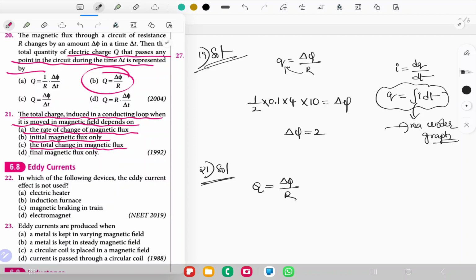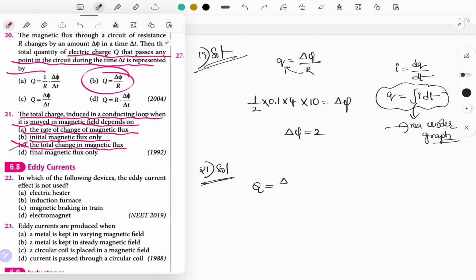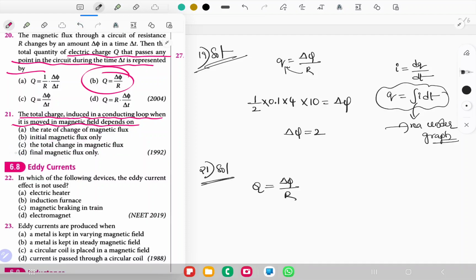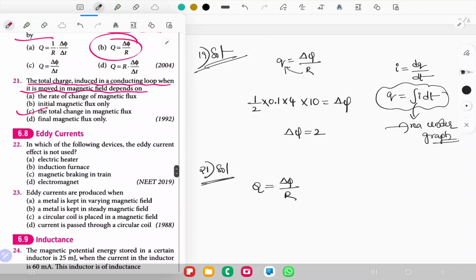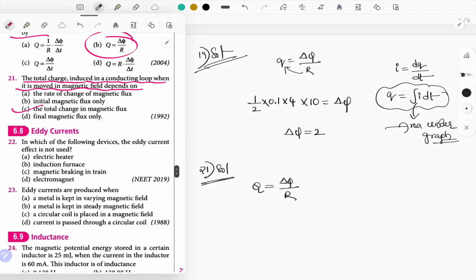Option C is correct, because Q is directly proportional to delta phi by R. It is proportional to delta phi, that is total change in flux, and inversely proportional to the resistance of the coil. Option C is the correct answer. It depends on total change in flux.